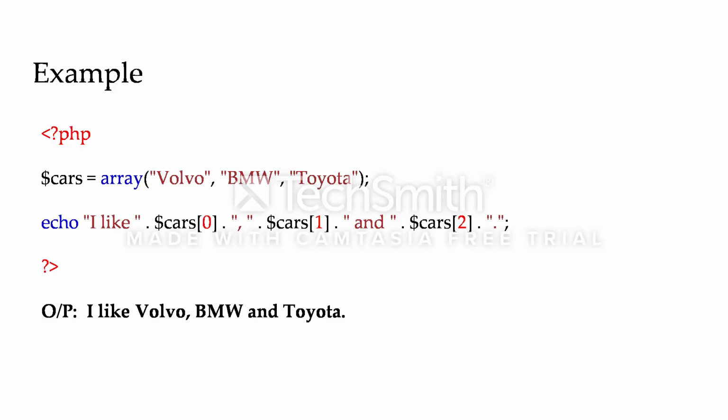Now in this example we use one variable, that is cars, and using the array function we print all the index numbers which can be used in the array. Here the dot operator is used for concatenating the values. So our output is like this: I like Volvo, BMW and Toyota.